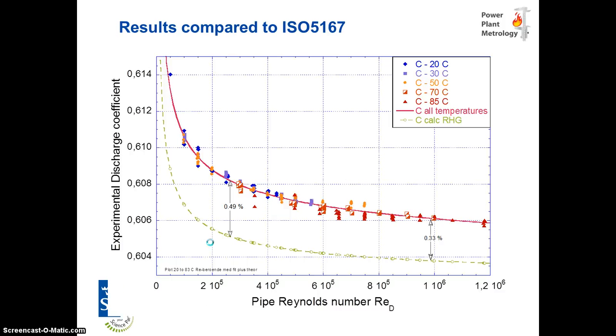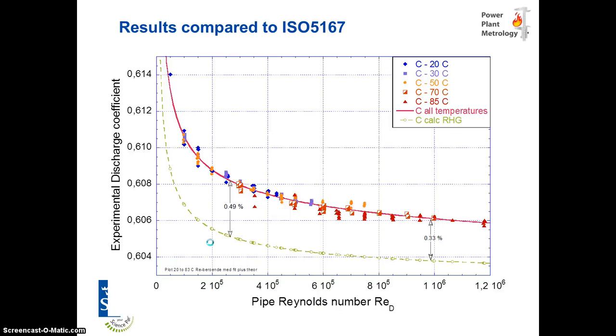So we've done a lot of measurements with Orifice plates, and our colleagues have also done it on other flow meters, ultrasonic flow meters, Venturi tubes and electromagnetic flow meters, and the results can be found on the project homepage.